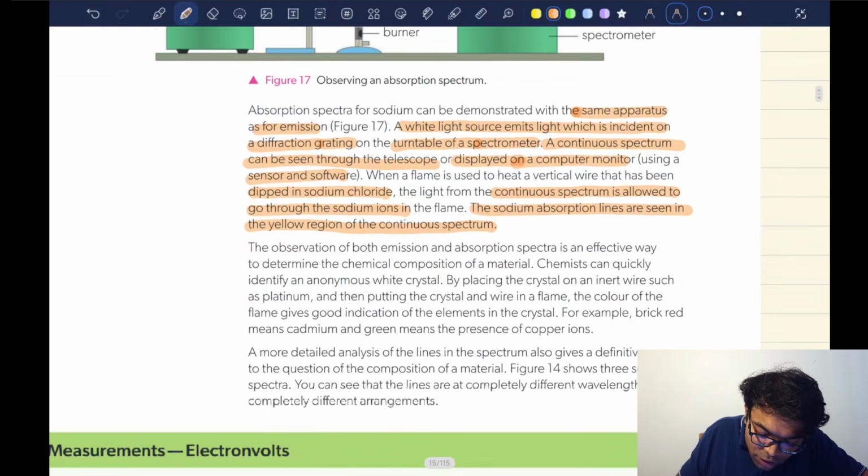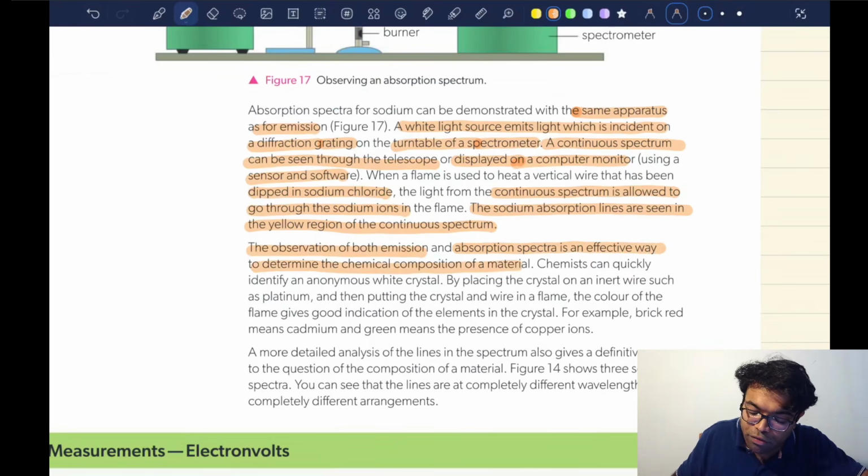The observation of both emission and absorption spectra is an effective way to determine the chemical composition of a material. Chemists can quickly identify an anonymous white crystal. All they have to do is place it in a spectroscope, and it will analyze the various atoms present in the crystal.